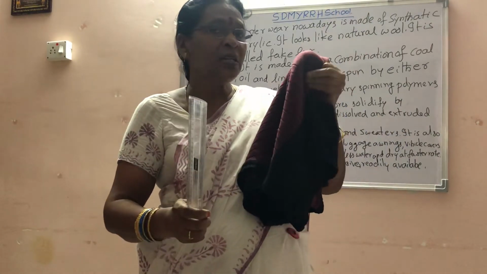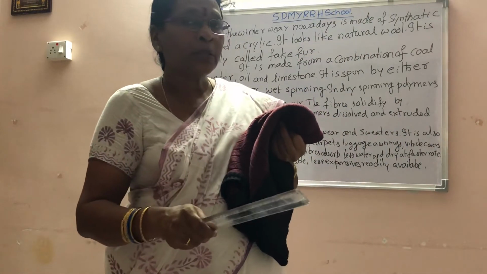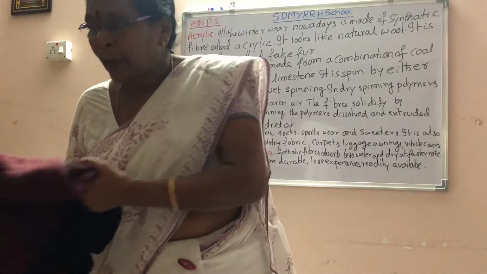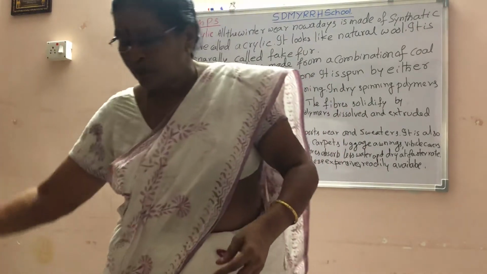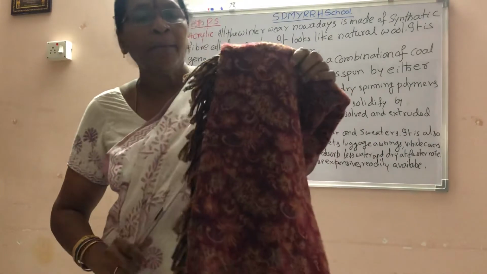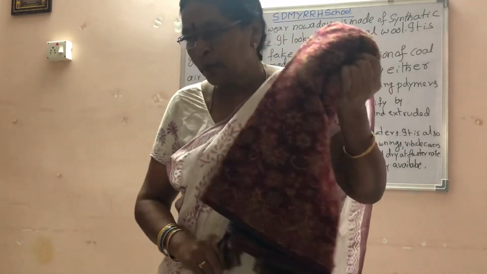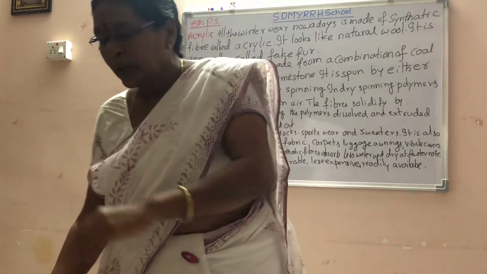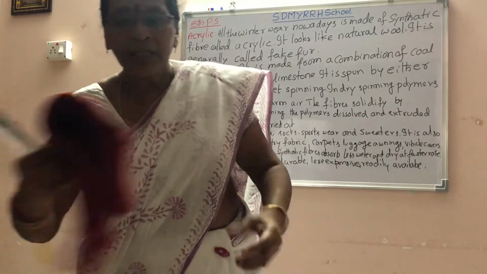Pure wool means from sheep or camel or rabbit. What is this? This is pure wool. Some difference is there, but acrylic looks like wool. This pure wool is from sheep.